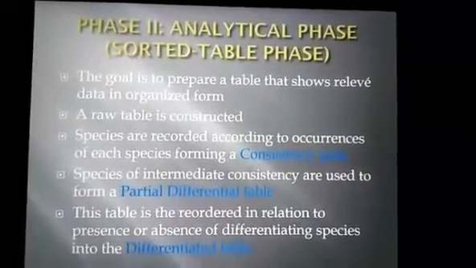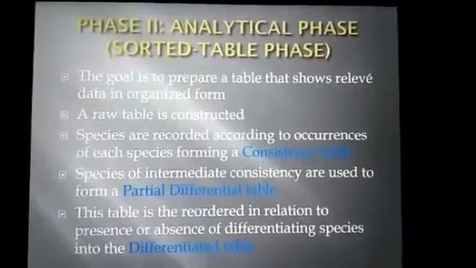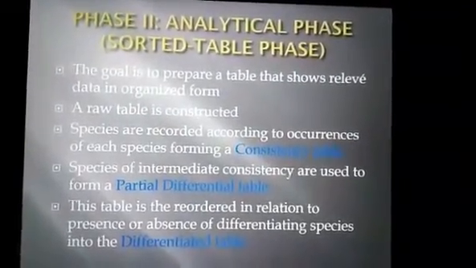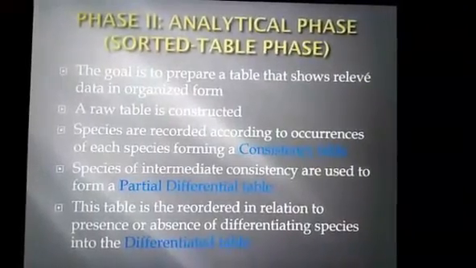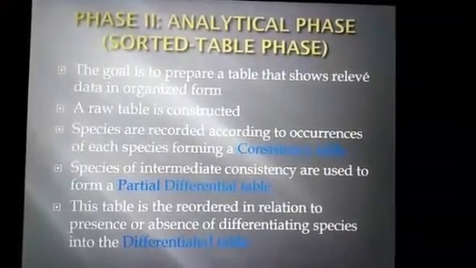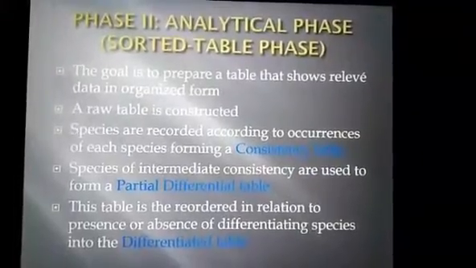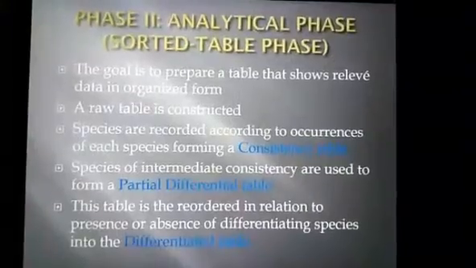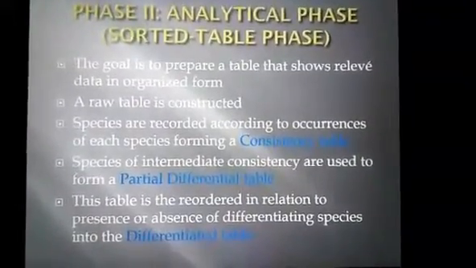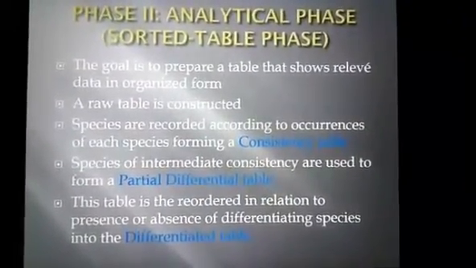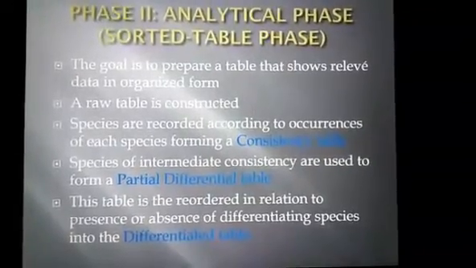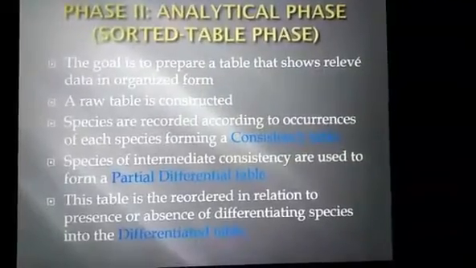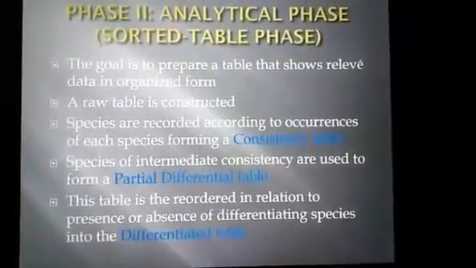Then the second phase, which is the analytical phase, which involves also the sorted tables. So the goal of this phase is to prepare a table that shows the relevé data in an organized form. So the raw table is constructed, and then the species are recorded according to the occurrence of each species, forming a constancy table.